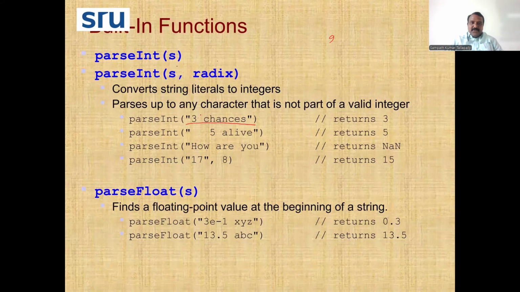It takes one value which is separated from the others, and this 3 is returned by my parse int, and this returns 5. A string cannot be converted to an integer, so it is not going to give anything. Then parse 17 comma 8. See here, with the radix, it returns a value of 15. Then I can even convert them into a float also.